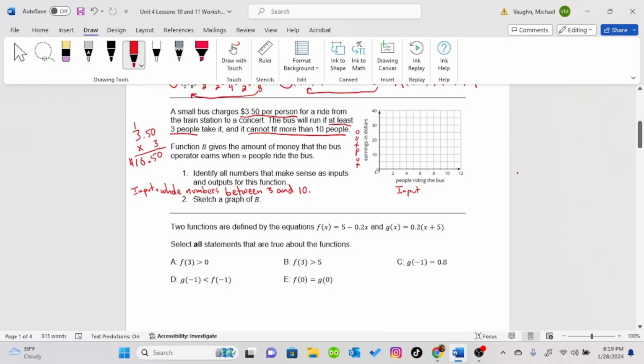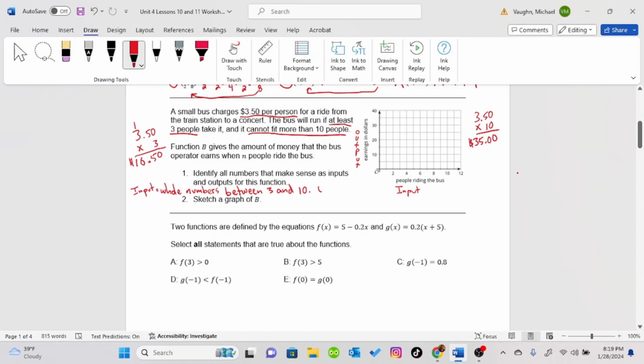And the largest amount would be $3.50 times 10 people, because you cannot fit more than 10 people on the bus. 1 times 0 is 0. Bring down our decimal. 1 times 5 is 5. And 1 times 3 is 3.